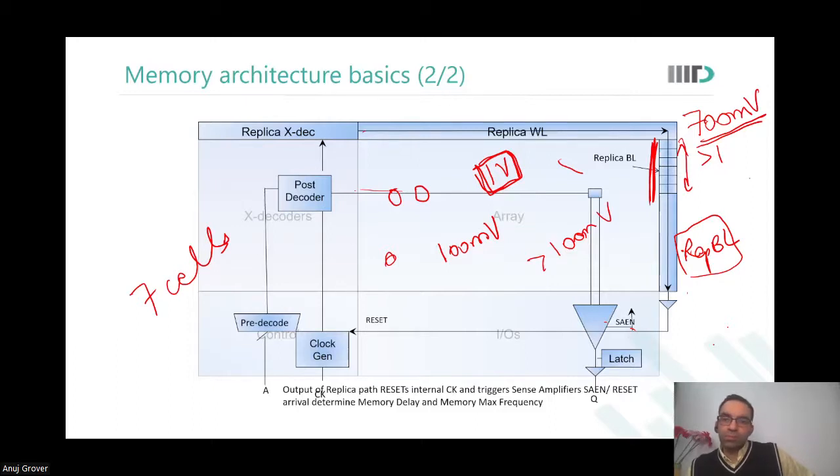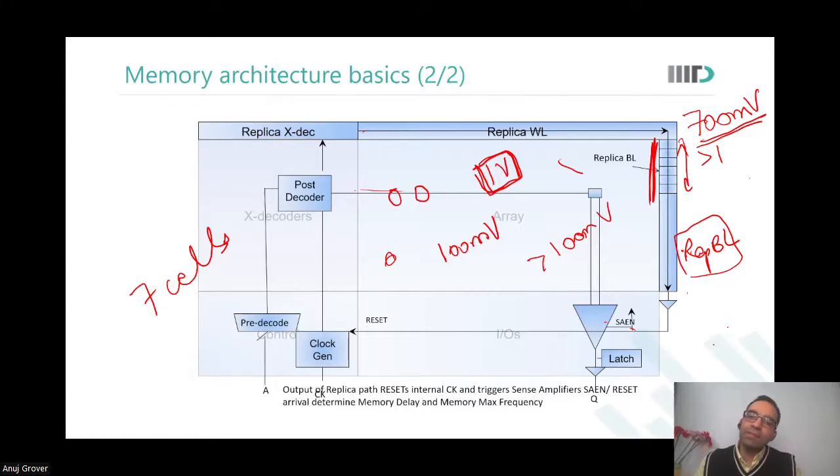Sir, regarding this inverter, what are the conditions for tuning this inverter? How did you decide 700 millivolts? Okay, I decided 700 millivolts because I wanted to keep more delay, let us say. I wanted to have bitline capacitance play some role in determining my timing.